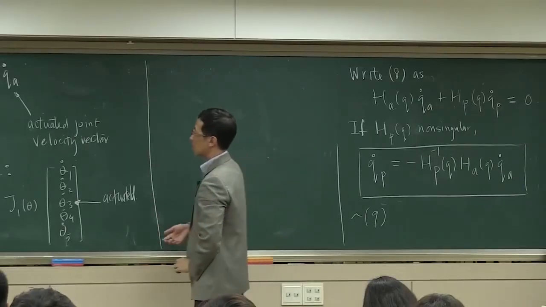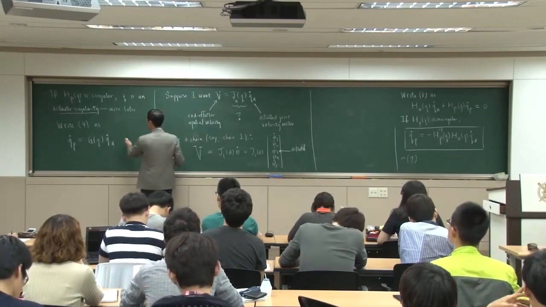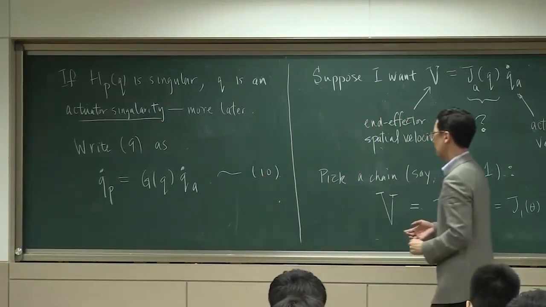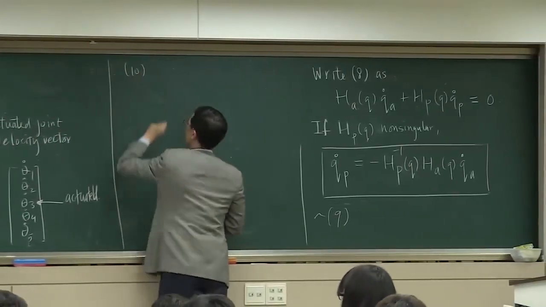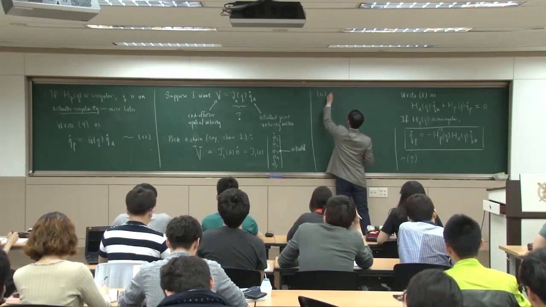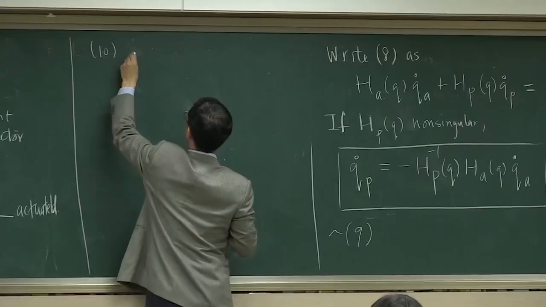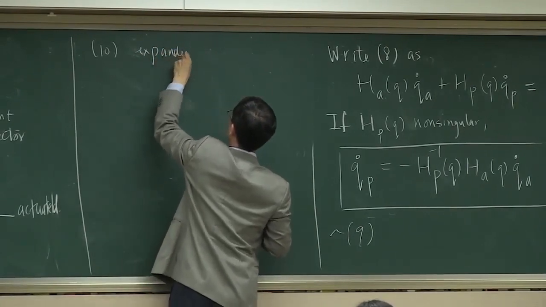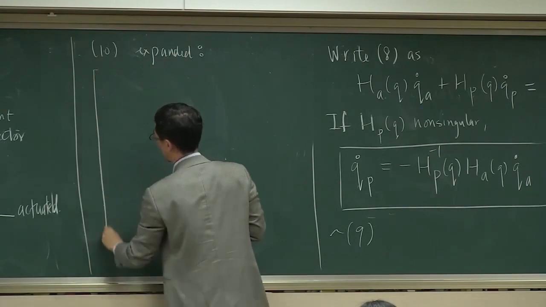So we go over here. This is equation 10, right? If we write out 10 expanded, we have the passive joints over here.